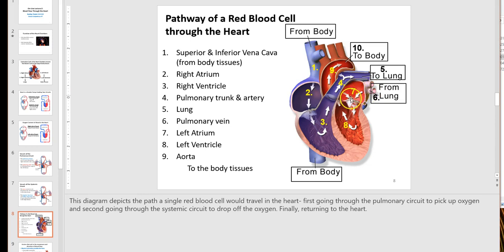Then it will enter the left atrium. The atrium will contract. The red blood cell will be sent to the left ventricle. The left ventricle will contract, and the red blood cell will be sent out the aorta to somewhere in the body, which is number 10, the systemic circulation.